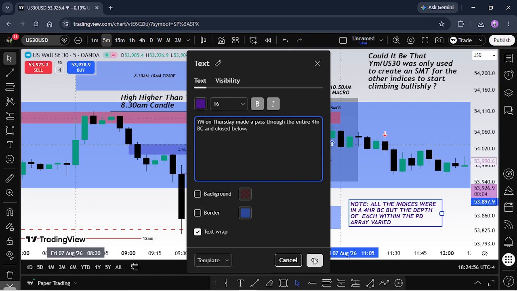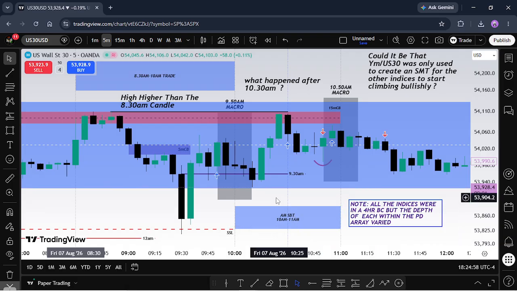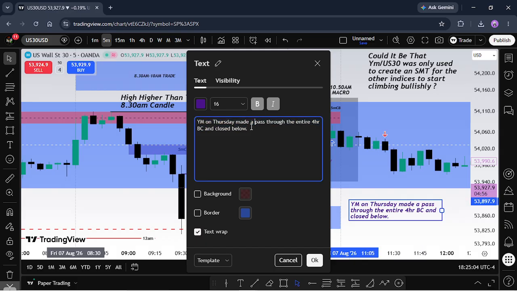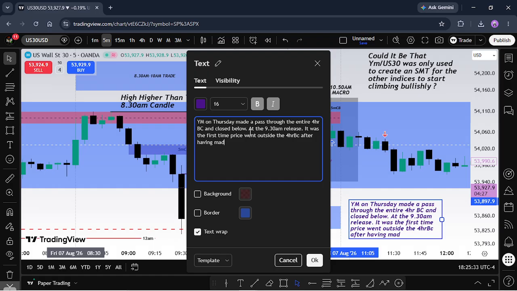That's one, right? At the 9:30 release, it was the first time price went outside the 4-hour BC after having made a retracement into the zone.